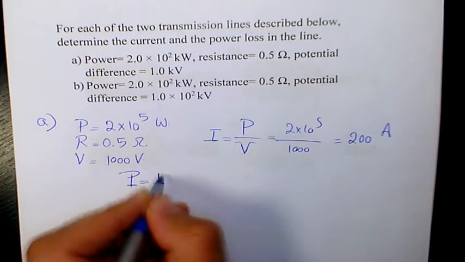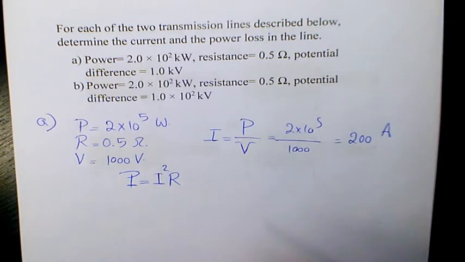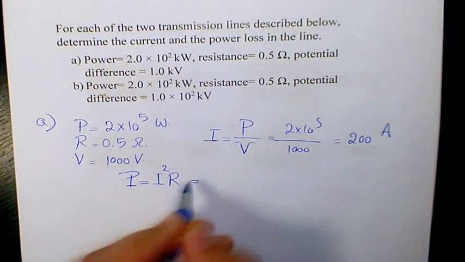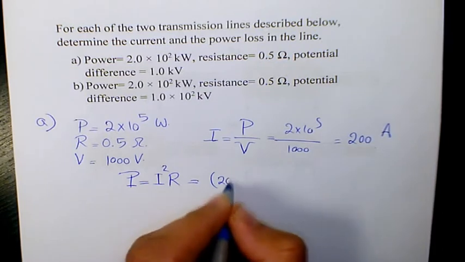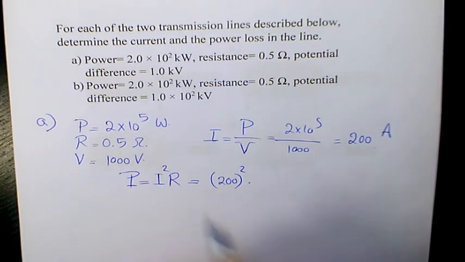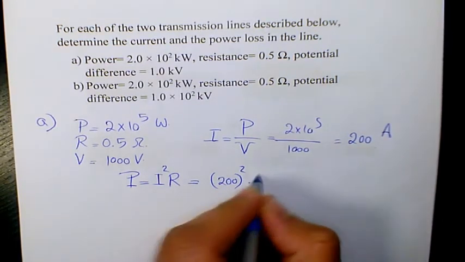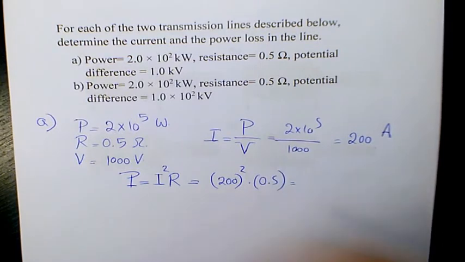P equals I squared R. I is 200, to the power of 2, times R, 0.5. That's going to be 200 times 200 times 0.5.